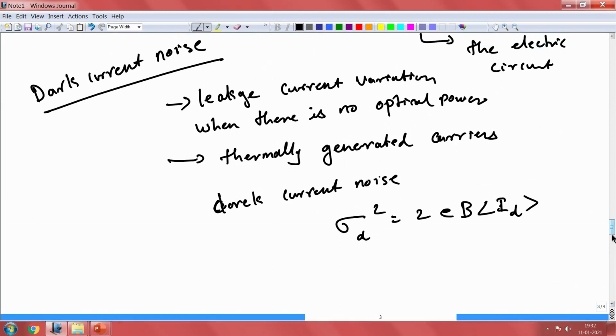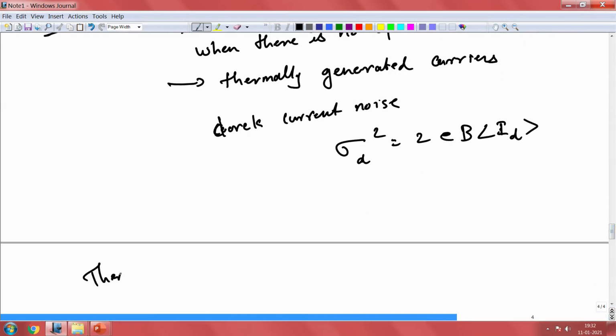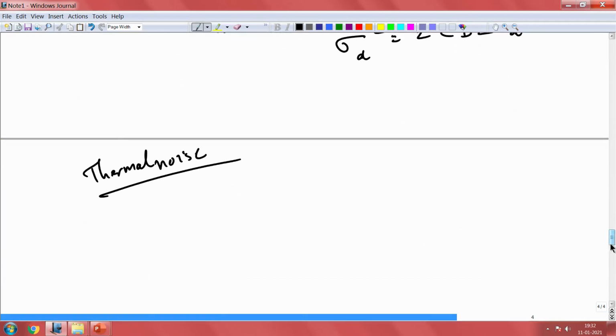And the next type of noise is the thermal noise from the resistor itself, right. This thermal noise is nothing but your Johnson noise or Nyquist noise, in whichever way you want to call it.